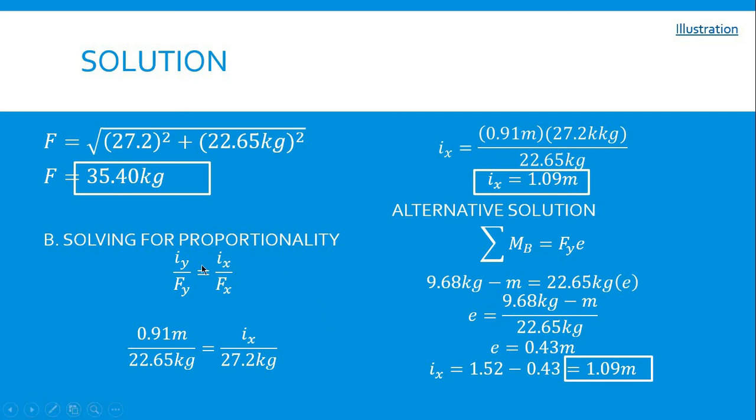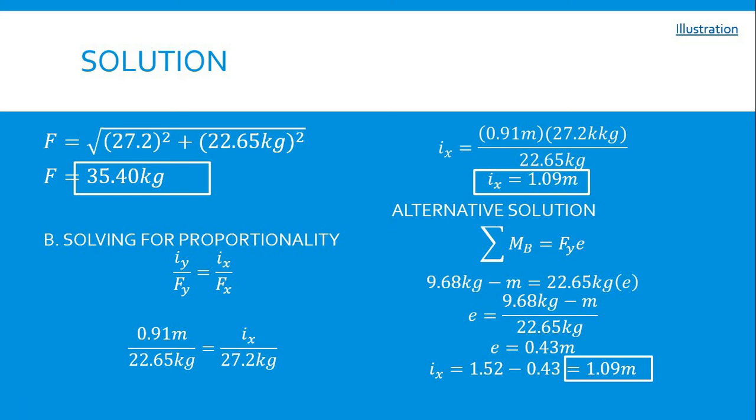So solving for the proportionality, which is equal to I of Y, y-intercept, all over F of Y, which is equal to x-intercept all over F of X. Substituting the given 0.91 meter all over 22.65 kg, which is equal to I of x or x-intercept all over 27.2 kg.